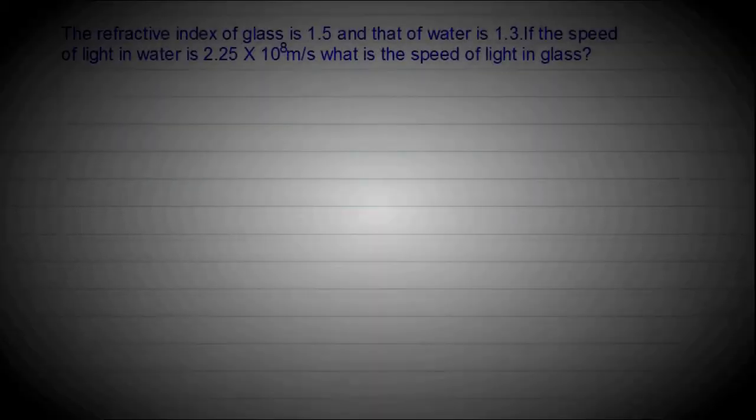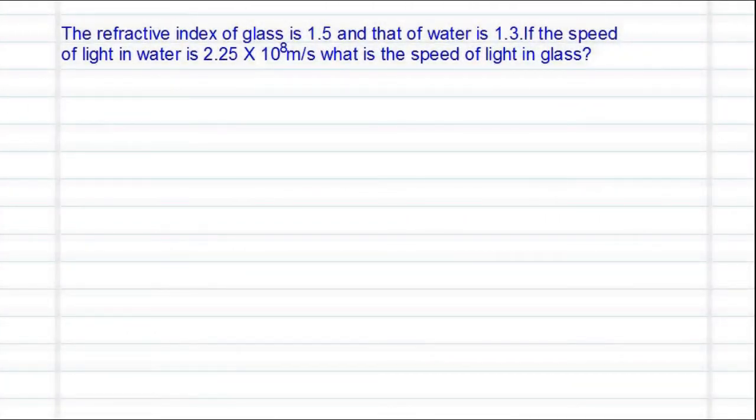Now we can move to our next question. The refractive index of glass is 1.5 and that of water is 1.3. If the speed of light in water is 2.25 into 10 to the power of 8 meters per second, what is the speed of light in glass?